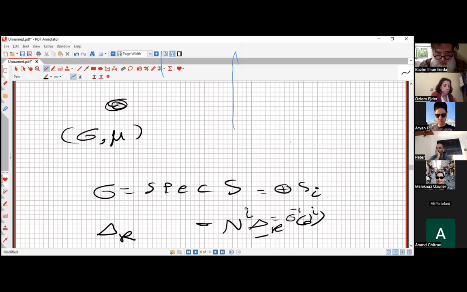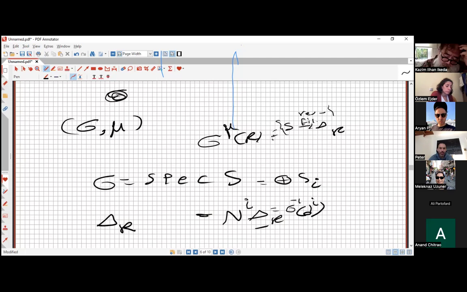An element of the sheaf of groups G mu of R is defined to be a map from S to delta R that respects the filtration on both sides. So G mu of R is the set of these maps, and it has a natural group structure. This is a subgroup of G of R. As I said, these are eligible changes of coordinates.